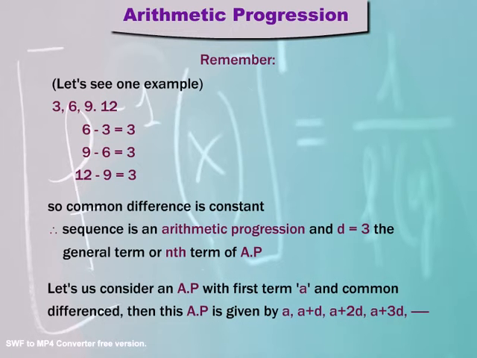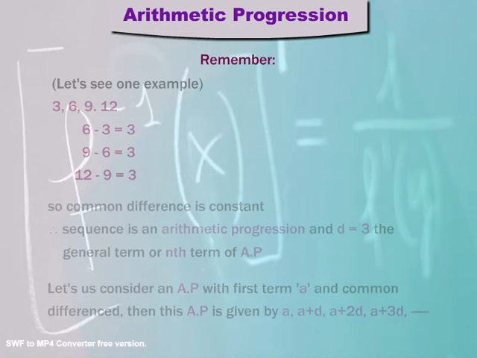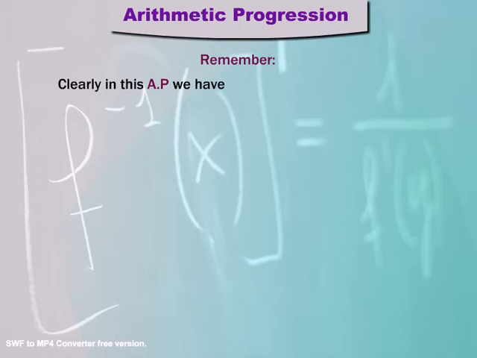Let us consider an AP with the first term a and the common difference d. Then this AP is given by a, a plus d, a plus 2d, a plus 3d, and so on. Clearly, in this AP, we have the first term T1 equals a plus 0d equals a plus (1 minus 1) into d.